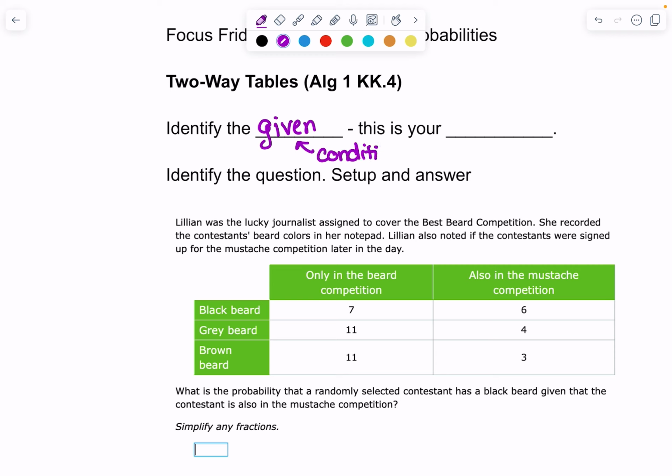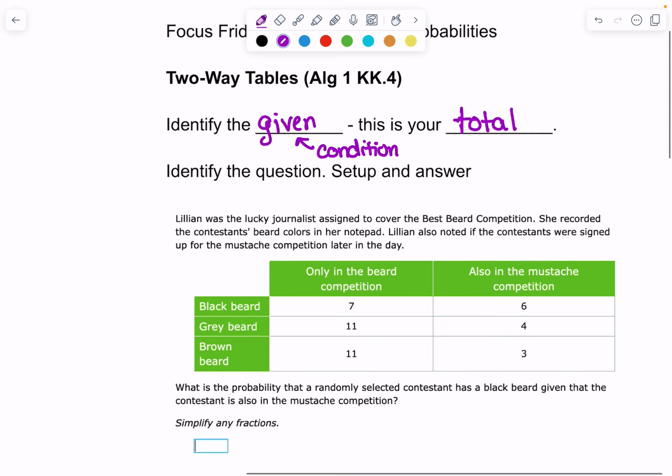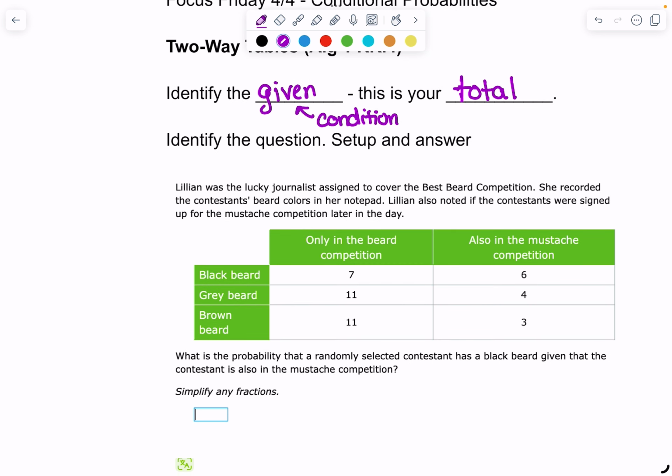This is what we know. We know that the given has already occurred. So when we're thinking about the probability, this is going to be the total that you're pulling from, the total possible outcomes. Then we're going to identify the question: what within that given are we interested in? Set up our fraction and answer by either simplifying the fraction, finding the decimal if we're working in decimal form, or finding the probability, the percent if we're working in percent form.